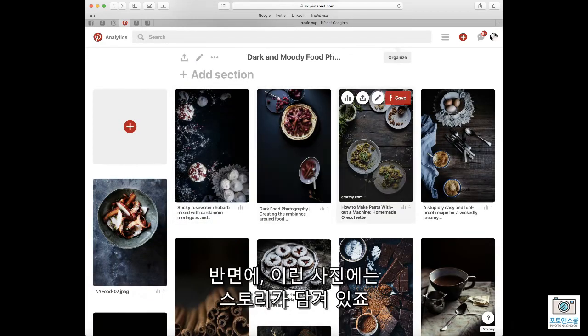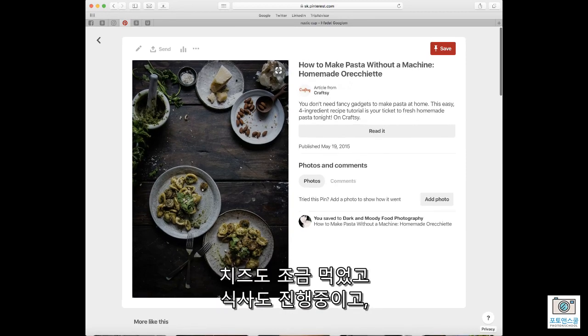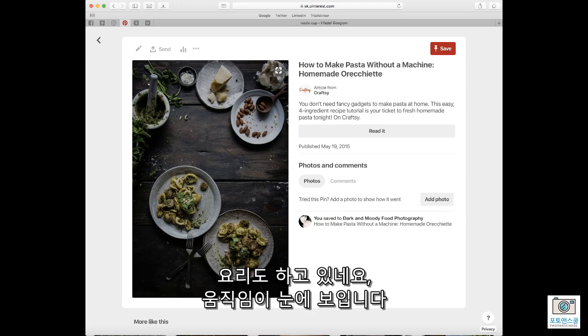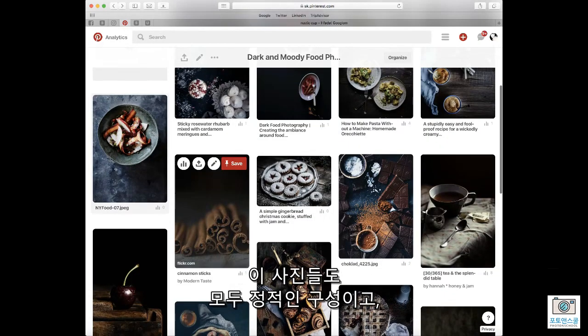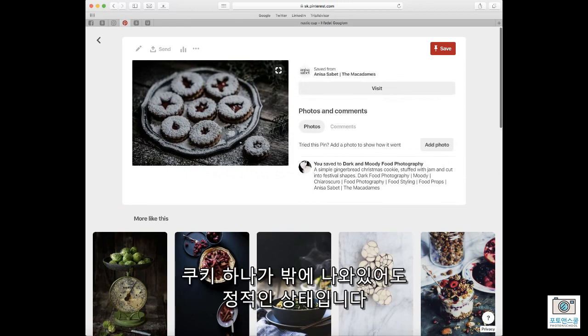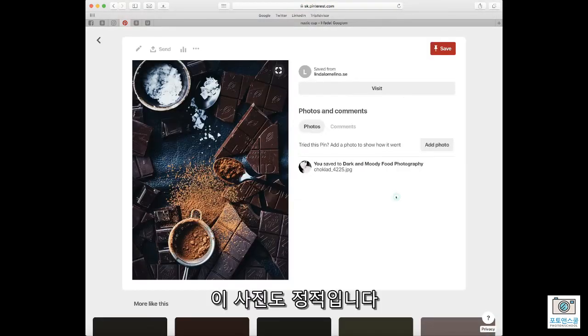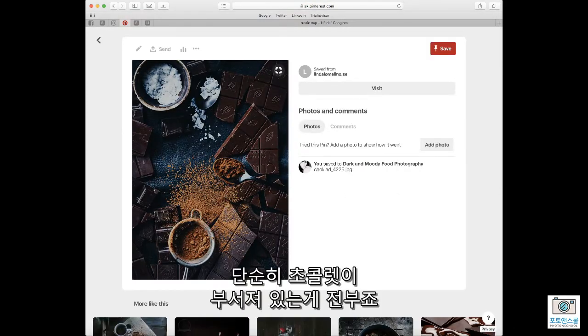And a picture like this tells a story. The cheese is missing, someone ate, someone cooked. There is some action which happened. This is a composed picture again. Even though this cookie is not on the plate, you can see it is static. And this is also static because it is just chocolate broken into pieces.